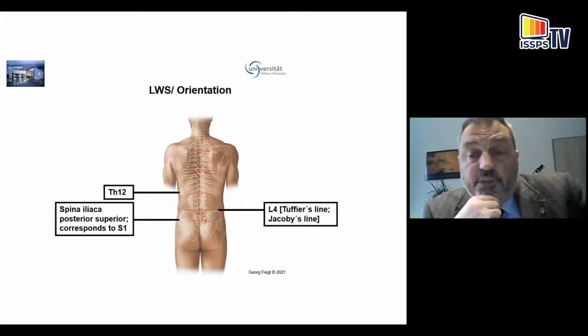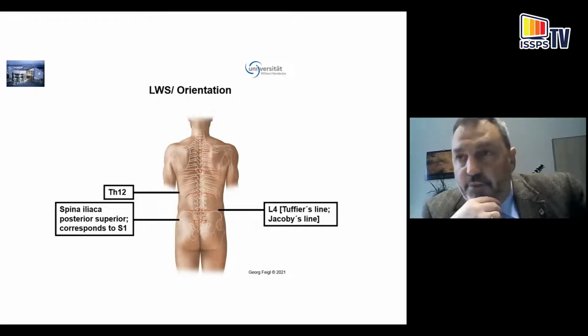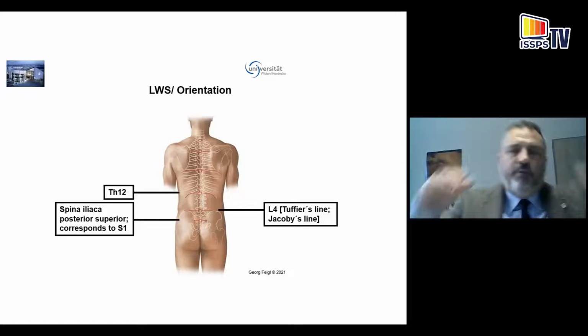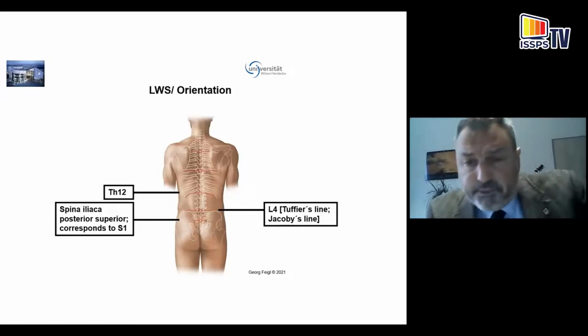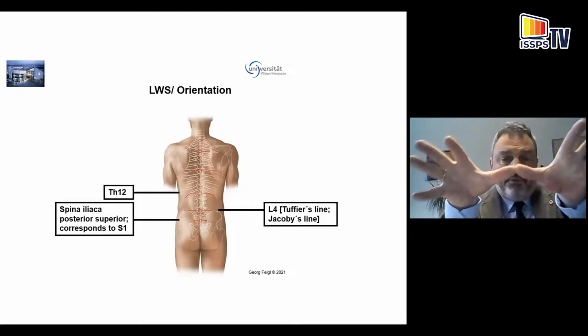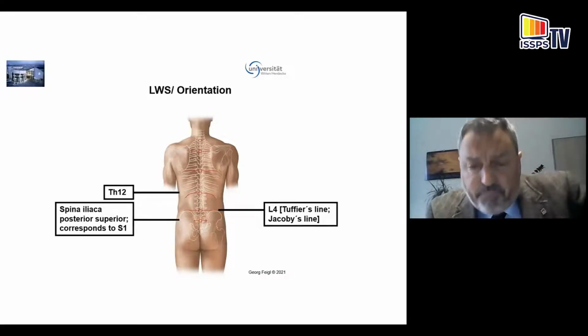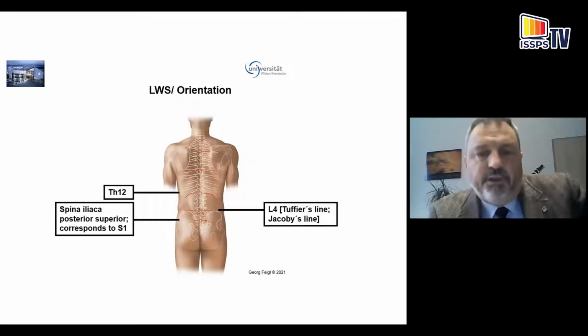Then, which is the most important, the Tuffier's line or Jacoby's line, which is the most cranial point of the iliac crest. And if you put together the two thumbs, you have over here the so-called spinous process of the L4 level.